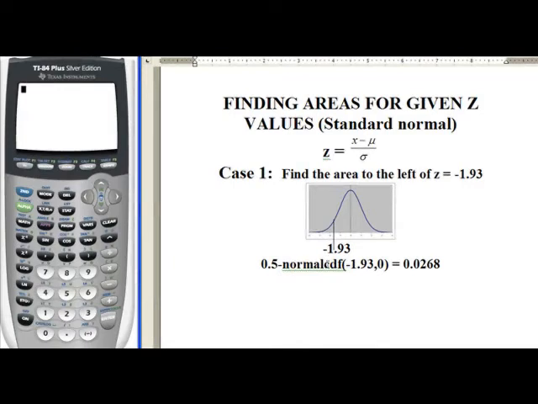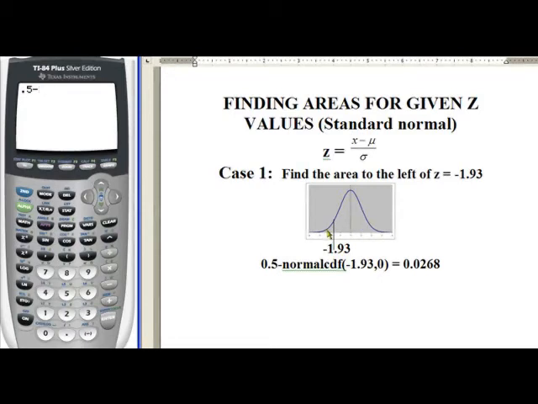The normal CDF button will calculate the areas up to that point. So what you can do is push 0.5 minus, which is going to be this whole area, and integrate from negative 1.93, which is here, to 0. So when you take away 0.5 minus this, you will be getting this little area right here.